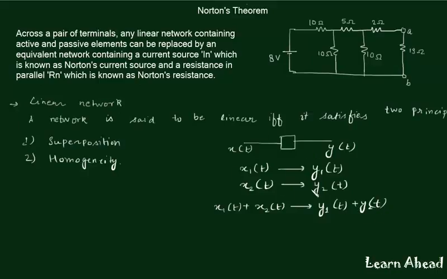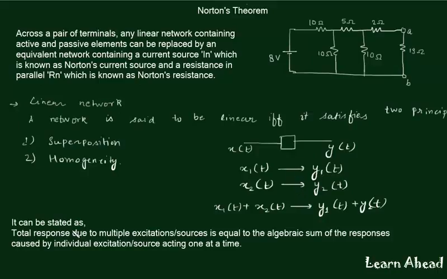So the principle of superposition can be stated as: the total response due to multiple excitations or sources is equal to the algebraic sum of the responses caused by each individual excitation or source acting one at a time.